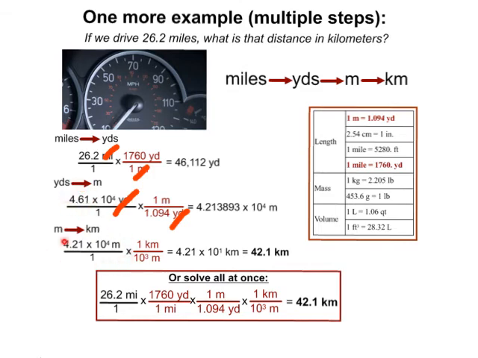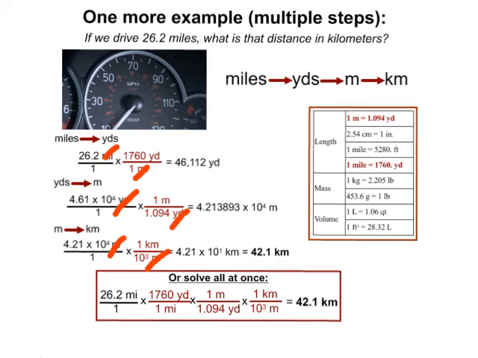I'm going to use that in my next step, 4.21 times 10 to the 4th, and I'm going to multiply that by the meters to kilometers conversion factor. My meters cancel out, and I am left with this number, 4.21 times 10 to the 1st kilometer, and I can simply rewrite that. If it's 10 to the 1st, I'm going to move the decimal point 1 place to the right, and I'm going to have 42.1 kilometers.